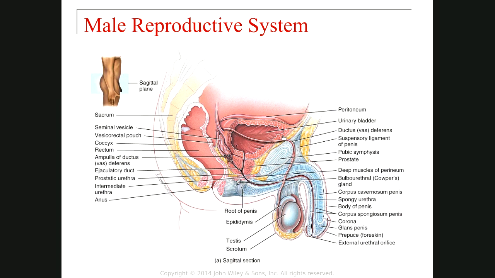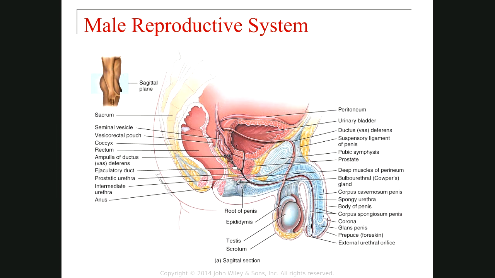As you see here, vas deferens enters the body, passes both sides of the urinary bladder, and goes to the back of the bladder, or posterior part of the bladder. After that, the duct of vas deferens and the duct of the seminal vesicle gland join together here, and they make the very short ejaculatory duct.